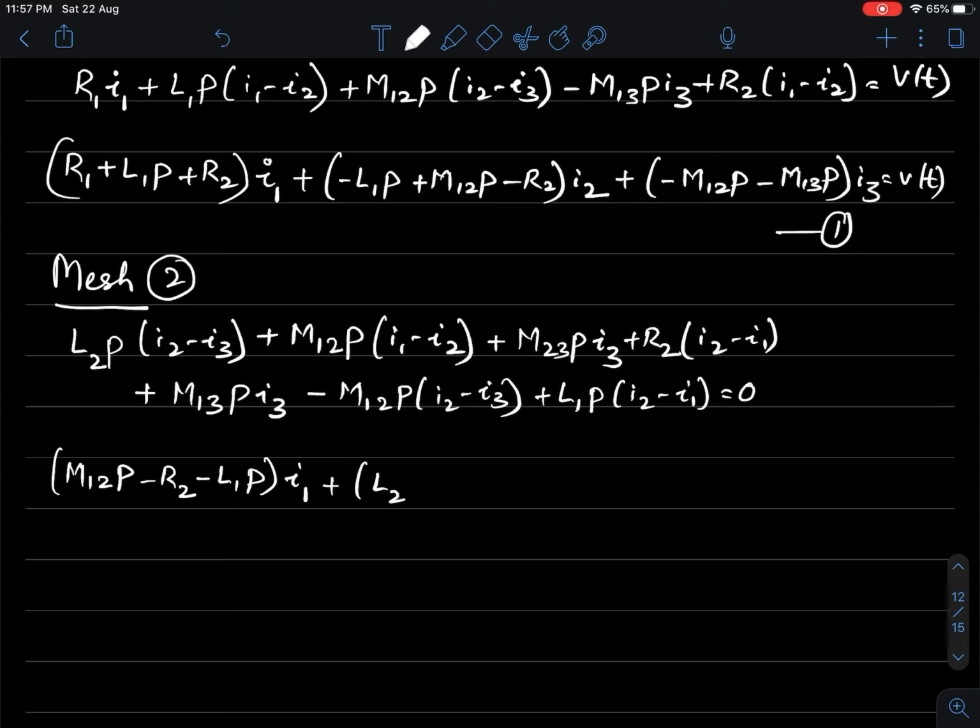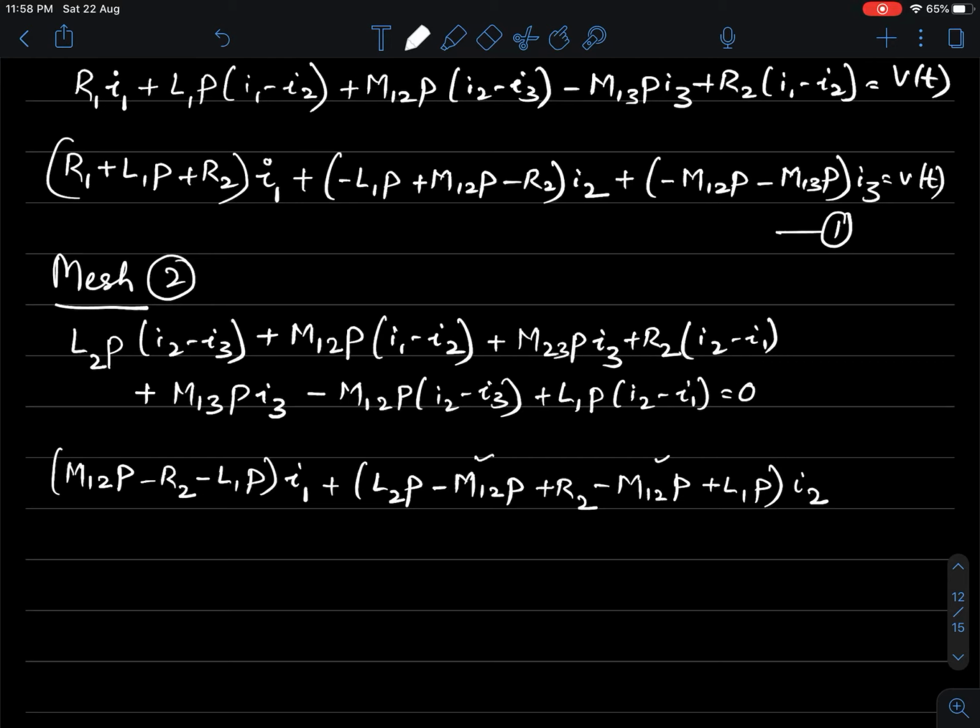First term is L2P minus M12P plus R2 minus M12P plus L1P into I2. In fact, I might as well add these two and write it as 2M12P. I can do that.